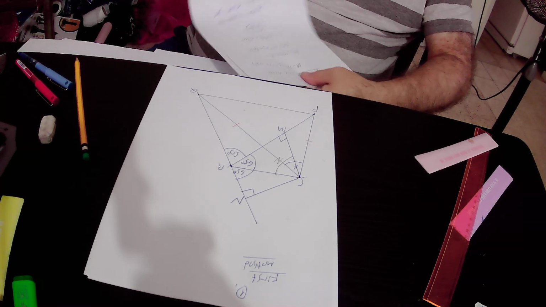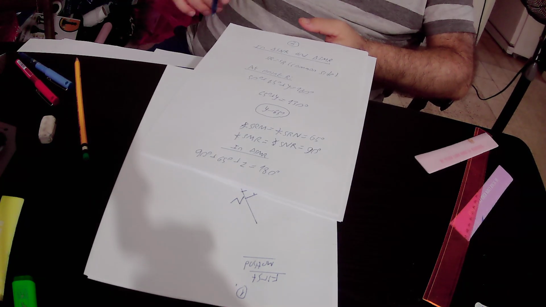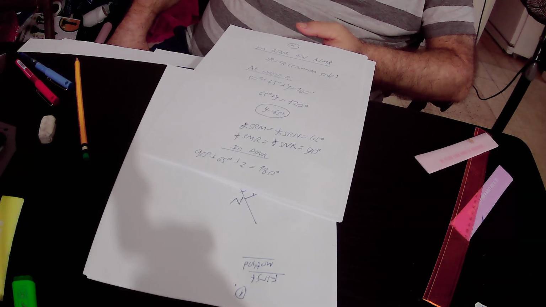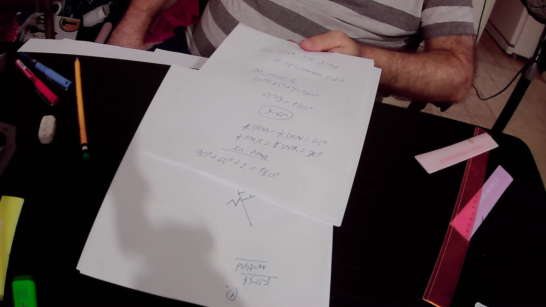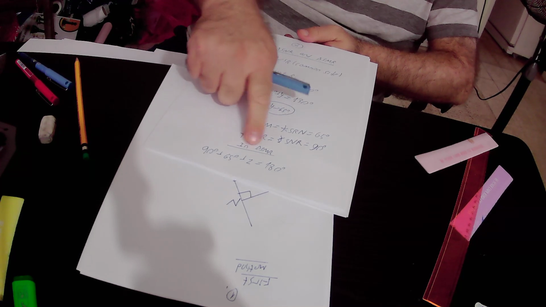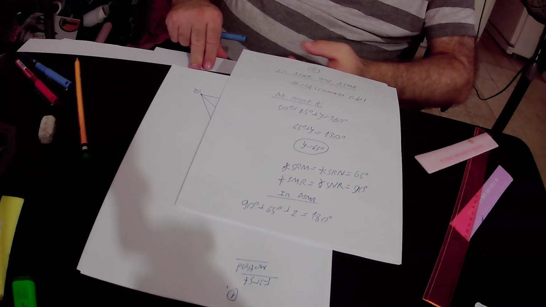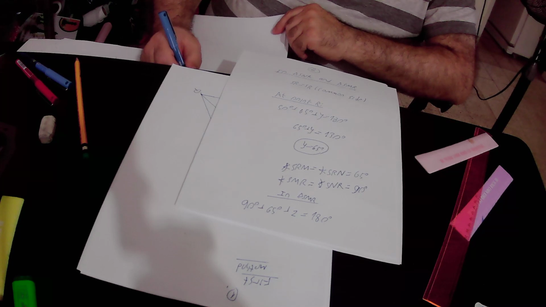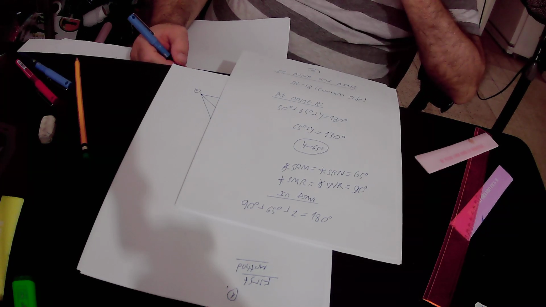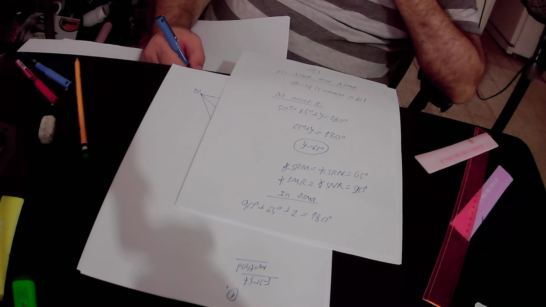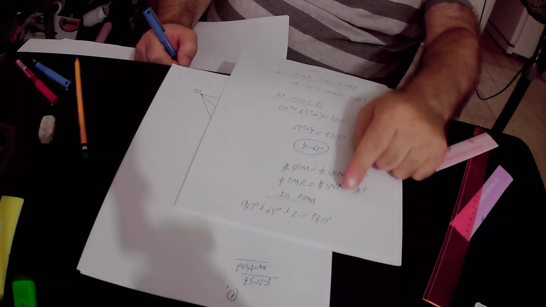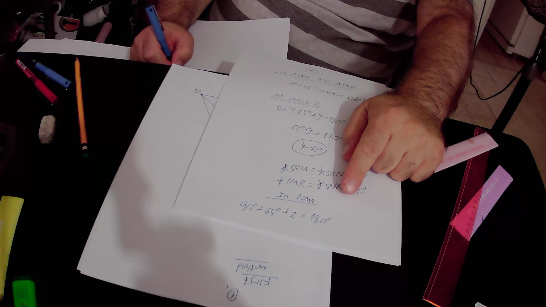Here we subtract 90 degrees from this equality, and we get 65 degrees plus Z equals 180 degrees minus 90 degrees, which is 90 degrees.